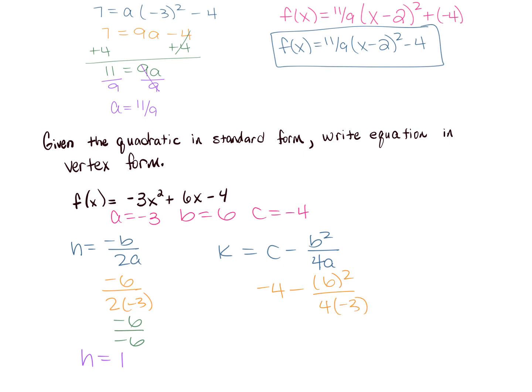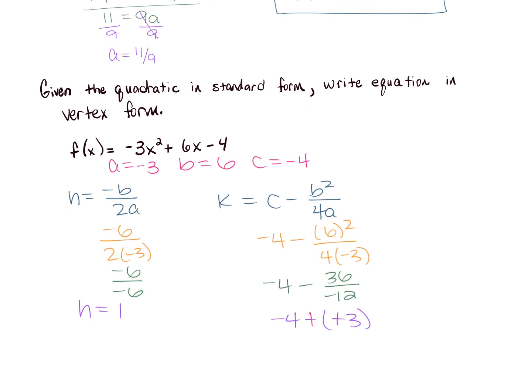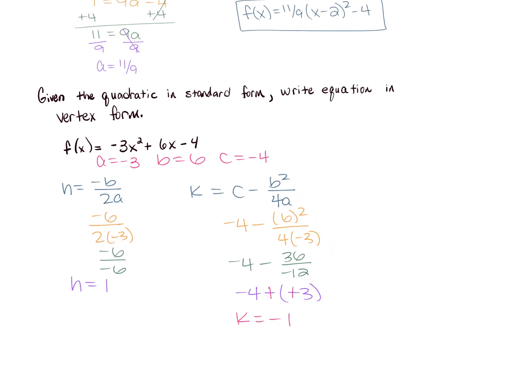That 6 squared is 36, so that's -4 minus 36 over -12. That gives us -3, so -4 minus -3, double negatives turn into positives. That means that k is -4 plus 3, which is -1. So your vertex is the ordered pair 1, -1.